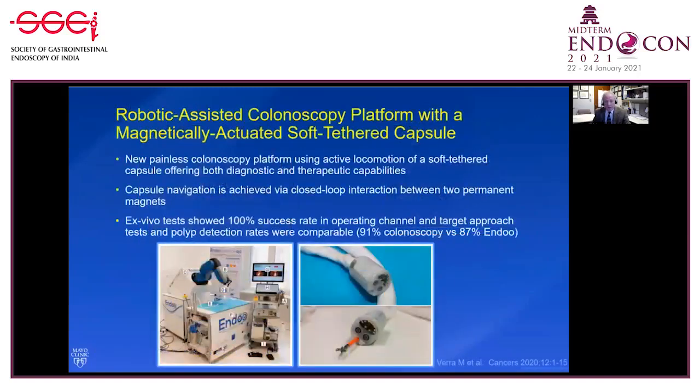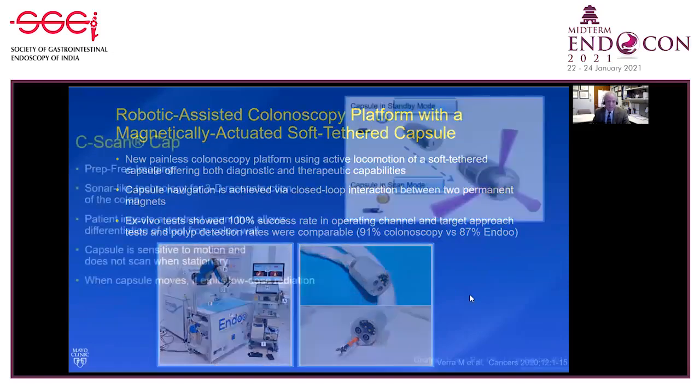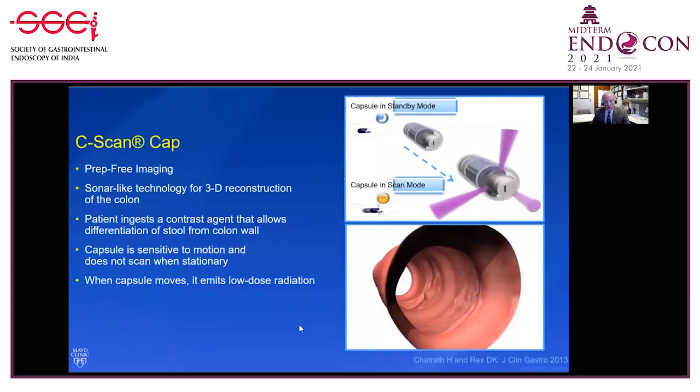opportunity. I also wanted to mention this robotic assisted colonoscopy platform with a magnetically actuated soft tethered capsule. And so it's a new painless colonoscopy platform that uses active locomotion. And the data so far looks very good compared to colonoscopy. And then finally, even more exciting is the C-scan cap from CheckCap, which is actually potentially a prep-free imaging.